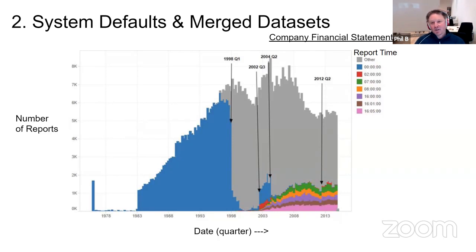Every quarter, a company's got to release a financial statement. And when it comes to knowing if the share price is going to go up or down, we need to know what dates that statement's on, because it's the content of that statement that can really make the share price go up or go down.